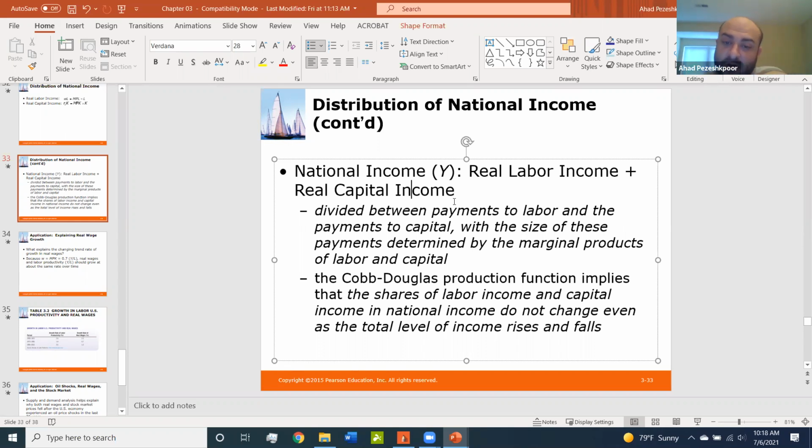And of course, there are people who are a combination of both. You may be a teacher or an engineer or a farmer, and at the same time, you may have some stocks, ownership of some company, or some physical capital, some plot of land, equipment, a tractor.